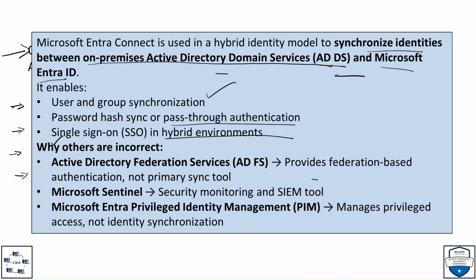So why are the other options incorrect? Active Directory Federation Services, that is ADFS, provides federation-based authentication, not primary sync. Microsoft Sentinel is a security monitoring and SIEM tool, and Microsoft Entra Privileged Identity Management manages privileged access, not identity synchronization.